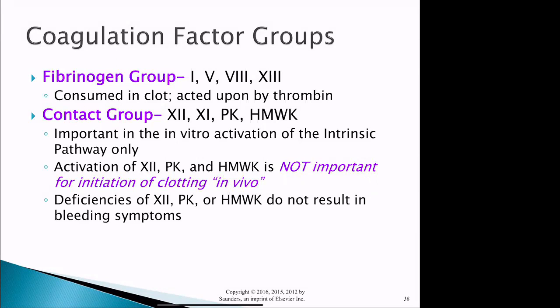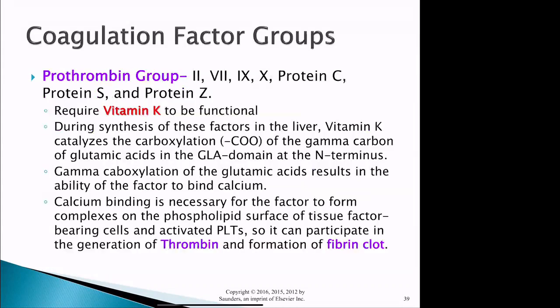Which means that if a person has a deficiency in factor 12, PK, or high molecular weight, this is not going to result in bleeding issues for the patient. It's just going to give me some prolonged test results, but it doesn't mean the patient has a bleeding deficiency. Is that clear for you guys? Do you understand that? Yes, perfect.